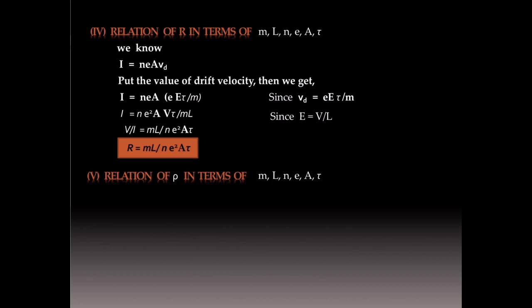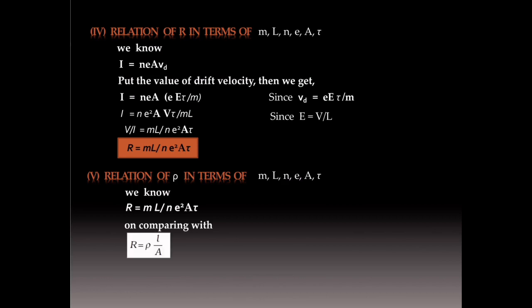Now the relation of resistivity in terms of m, l, n, e, A, tau, to show that resistivity does not depend on length and area of cross section. So see the relation. By the above relation, R is equal to m l by n e square A tau.